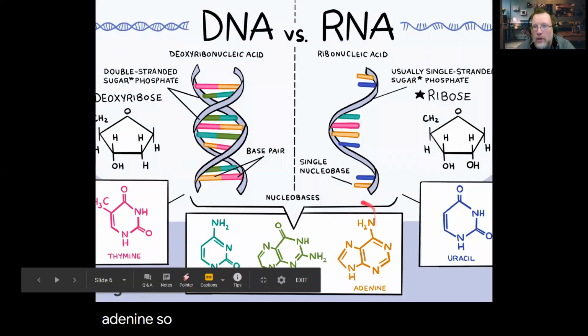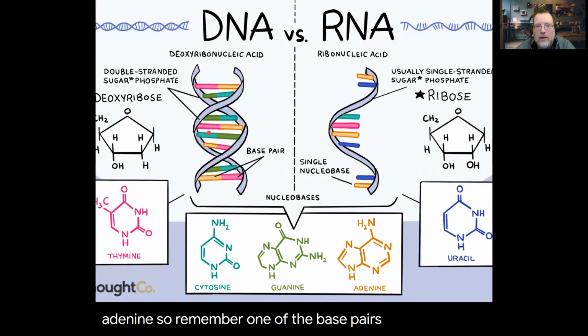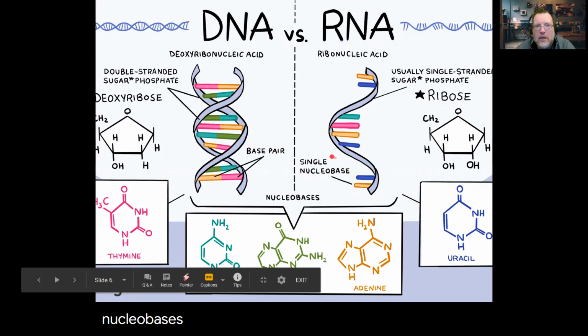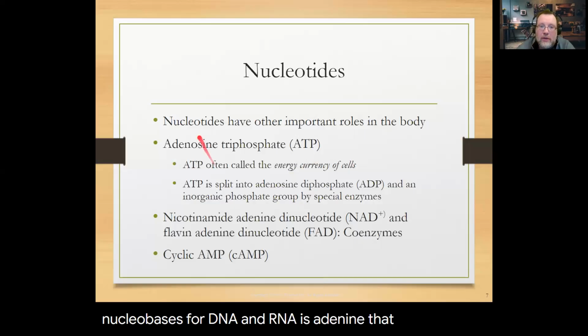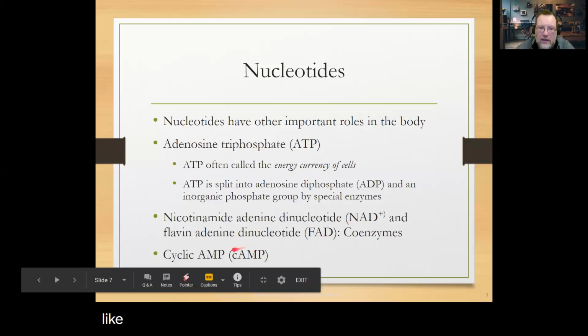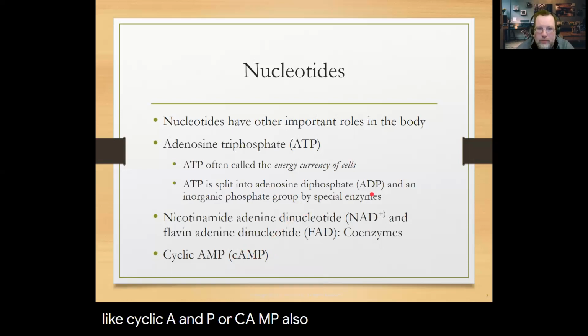Remember, one of the nucleobases for DNA and RNA is adenine. That rings a bell, right? Adenine, adenosine triphosphate. So there's a nucleotide, another example. And then NAD plus and FAD, which are coenzymes. They help with energy transfer. And then cyclic AMP, or cAMP, also an energy molecule.